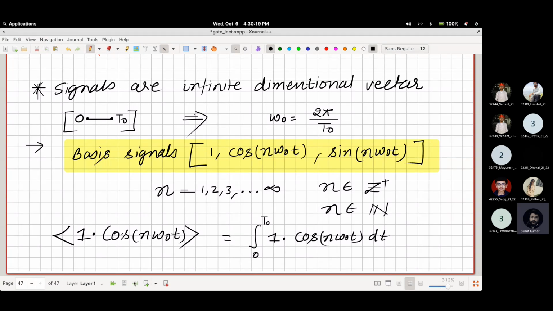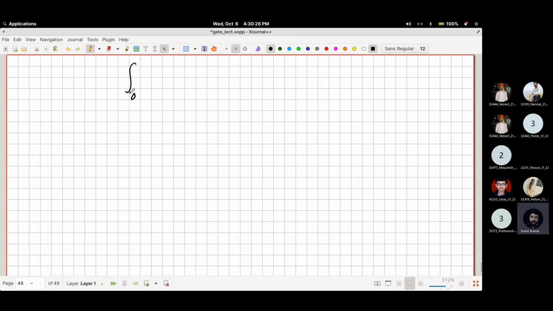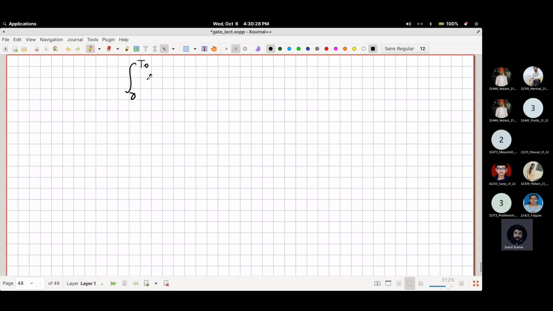Will you be getting the same thing or not? Yes. And what is this? This is basically the integral from 0 to t naught of cos n omega naught t dt. What will be this value? Can anybody tell me?